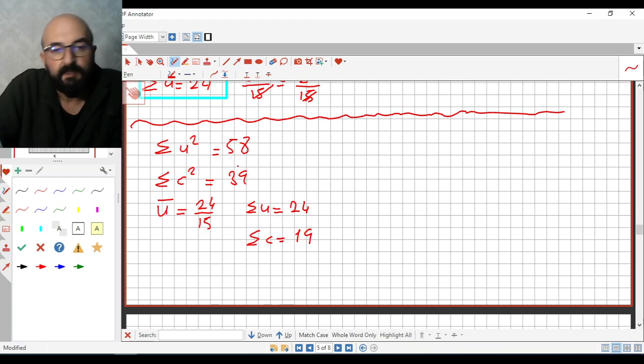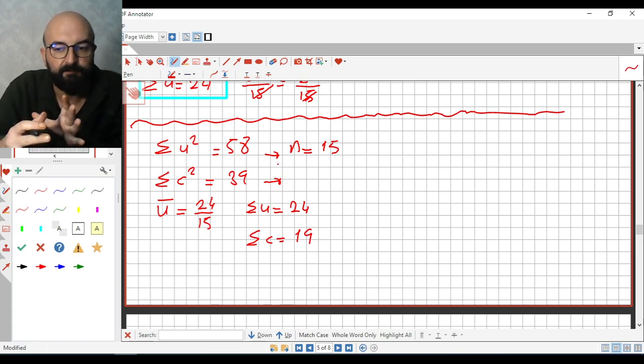Yes, and Upchester United has 15 matches. So for Upchester United n equals 15, and Upchester City has 15 matches, also the same, because all matches become altogether. So n equals 15.